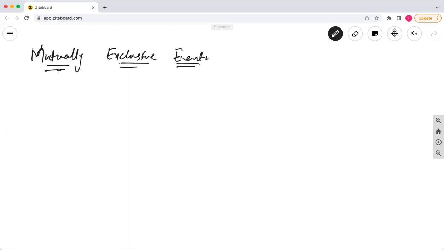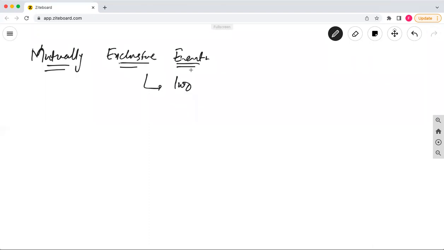Okay, now the very important thing is the mutually exclusive events. You will see these terms, mutually exclusive, independent event, dependent event, while you deal with the probability portion. So let's see what exactly these are. First of all, let's see the mutually exclusive event.